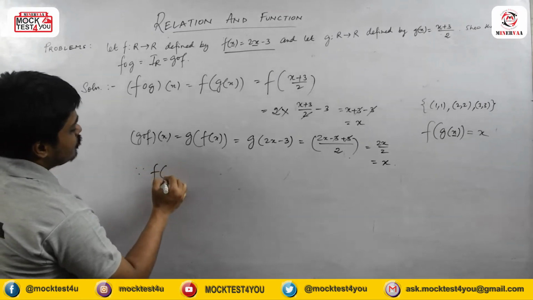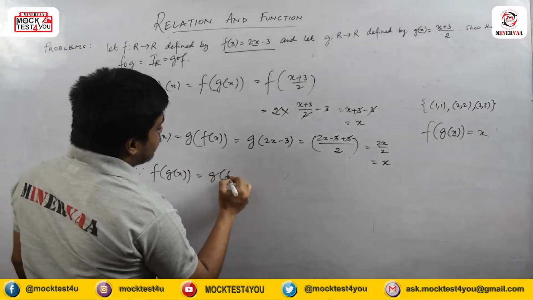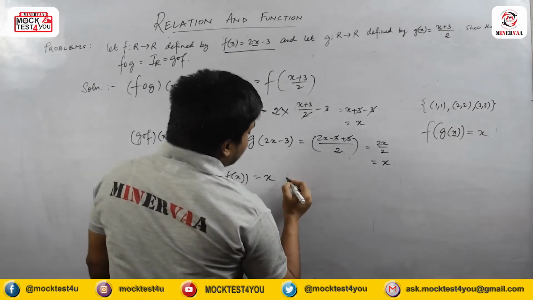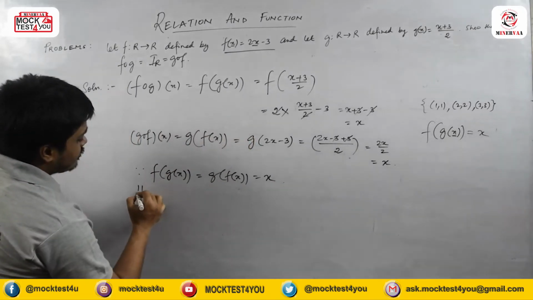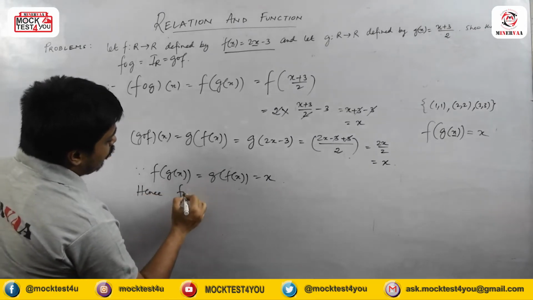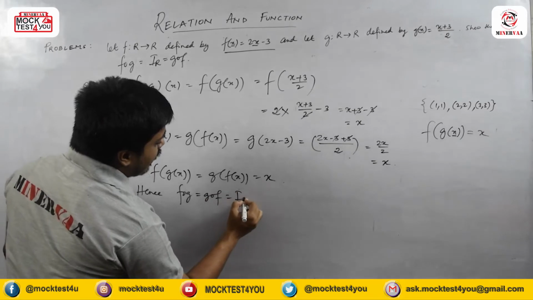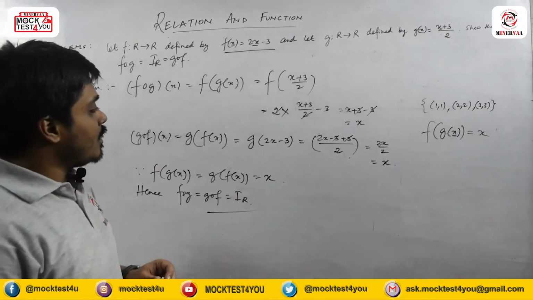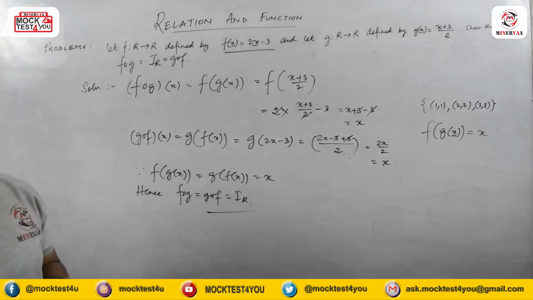Since f of g(x) is equal to g of f(x) is equal to x, hence f of g is equal to g of f is equal to IR. That's it. Okay, clear? So that's how we solve these type of questions.